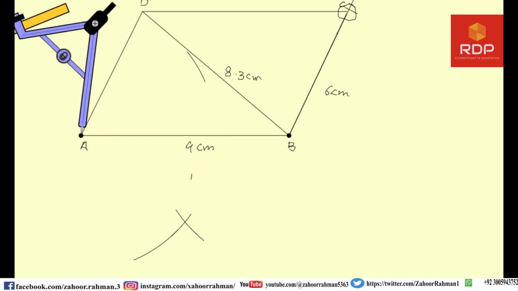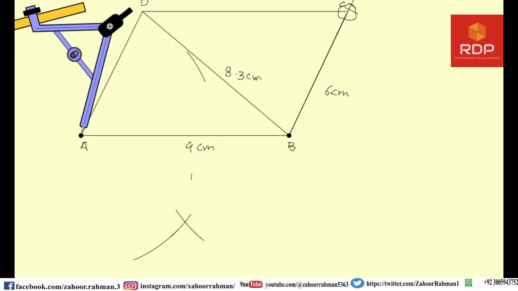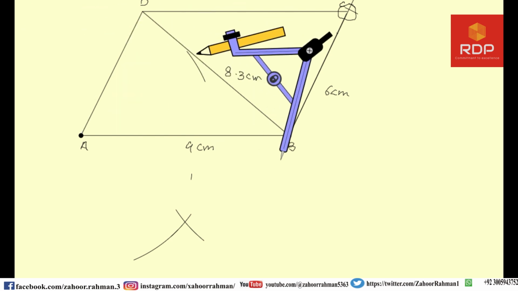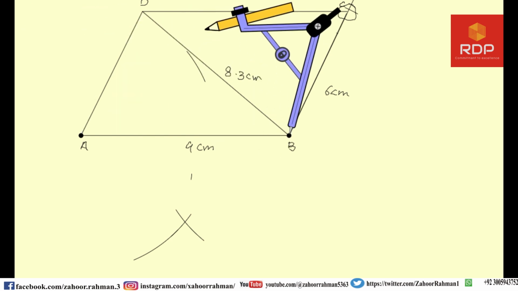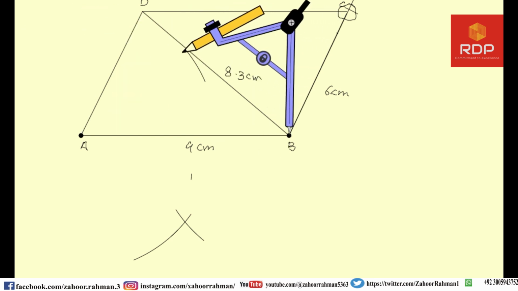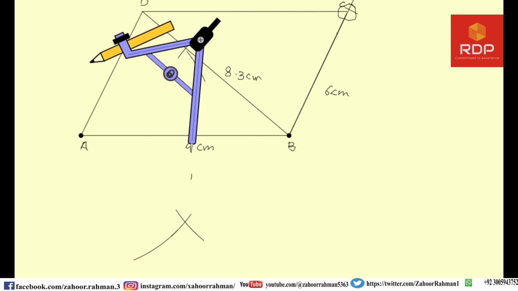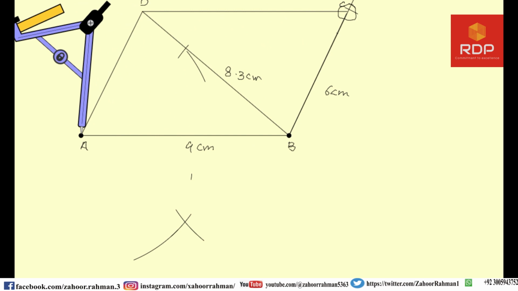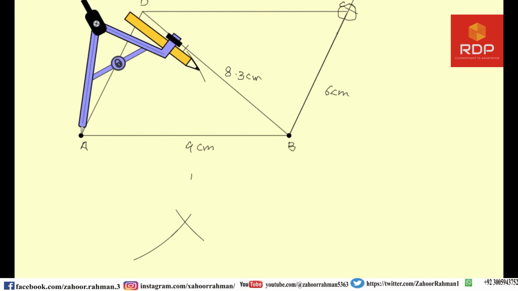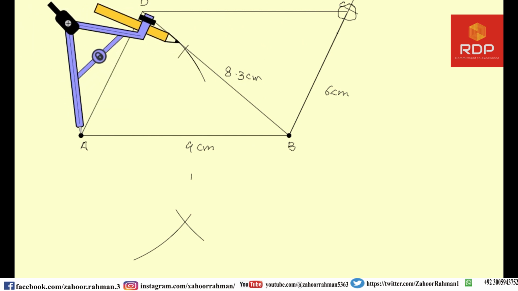Let me check that whether it is cutting the second line or not. So if not, we have to increase then. No, it is also a bit far away. So let us increase this line. Now that's it.